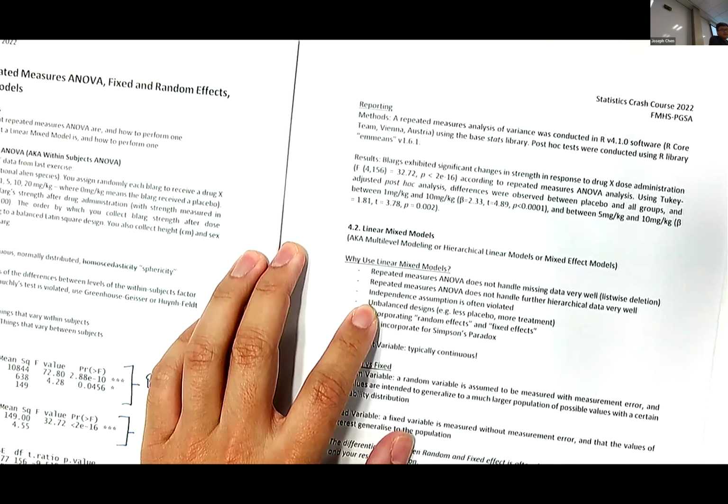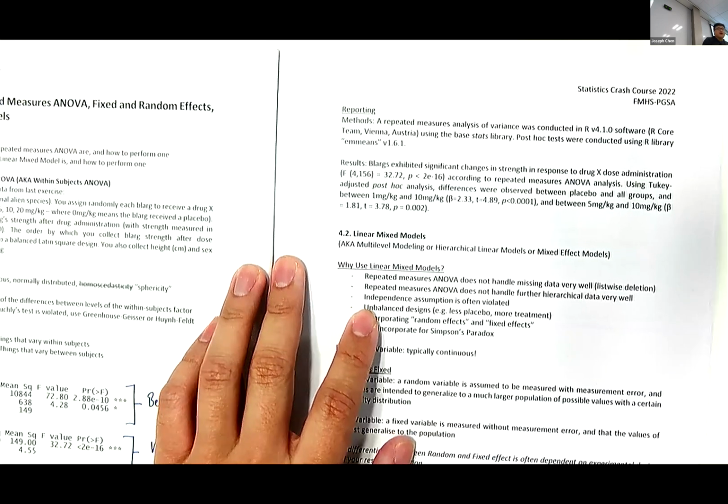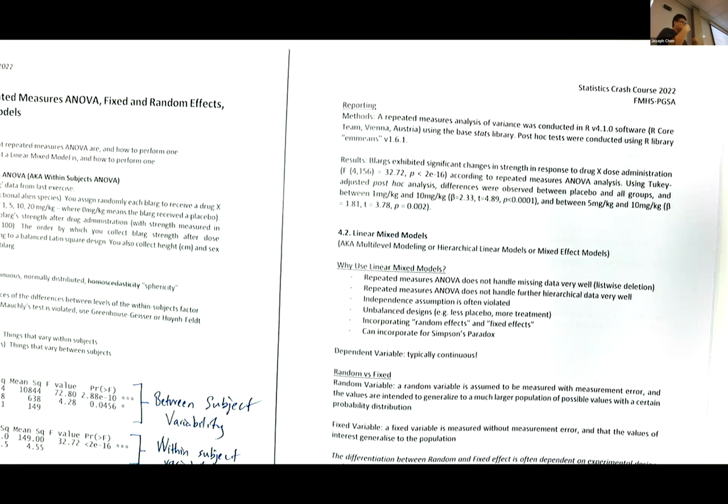And unbalanced designs: if you have, for example, 40 blargs, and you had 30 people versus 10 people, that is an unbalanced design, and repeated measures ANOVA doesn't handle that very well either. And often when you design an experiment, you're probably more likely to put more subjects into the treatment group rather than the placebo group, for whatever reason. Well, actually, maybe not.